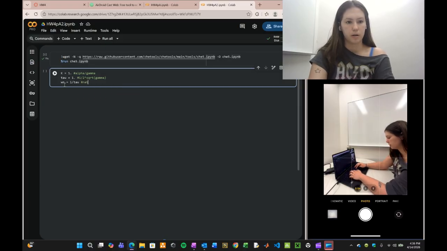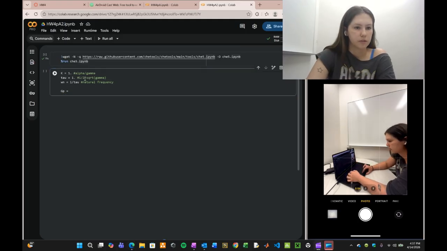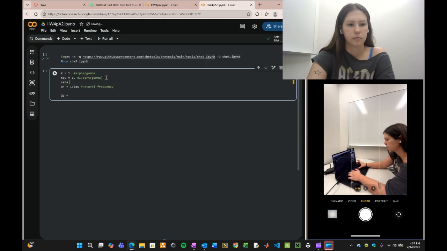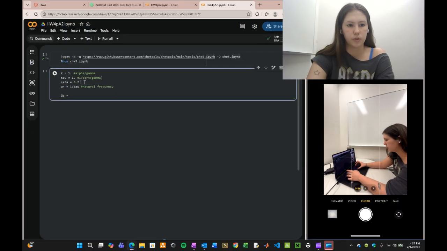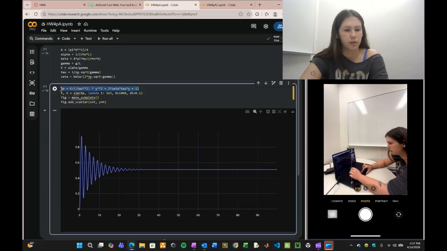So this is our natural frequency. And then we need to define our GP. Sorry, I mixed this up. I forgot to put in our zeta there. Our zeta will equal 0.2, and that is going to be beta over 2 times square root gamma. And then our GP will be the same thing that we used over here, so I'm just going to copy and paste that.